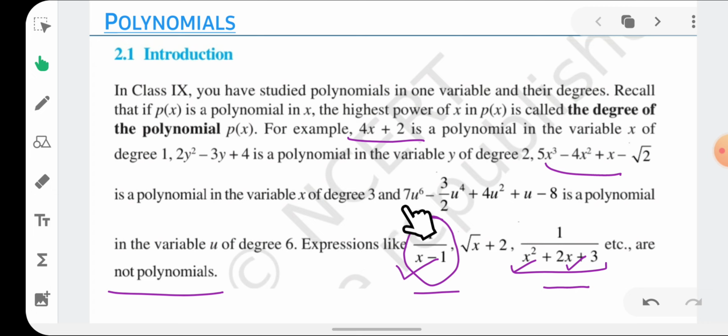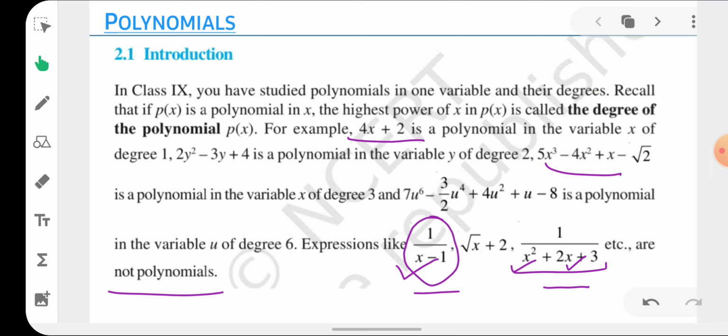In the same way, 7u to the power 6 minus 3 by 2 u to the power 4 plus 4u square plus u minus 8 is a polynomial in the variable u of degree 6. The highest power is 6 here. That's why degree 6. Now you have understood about the polynomial.